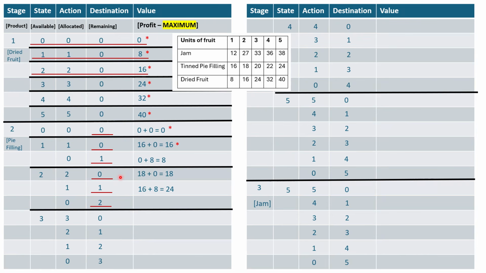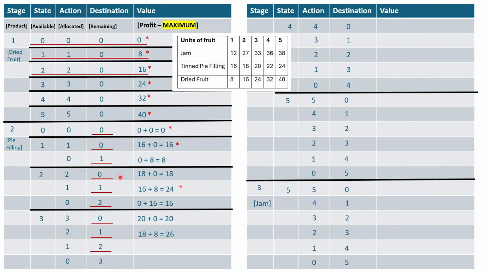Or we have 1 allocated with 2 moving forward into dried fruit. That gives us our 16 plus 16, which gives us 32. Or we've no allocation to pie filling, which gives us 0 plus, if we link that 3 back to our stage above, it's 24. So 0 plus 24 gives us 24. The optimal value there is our 32.